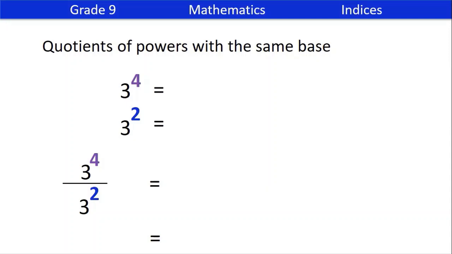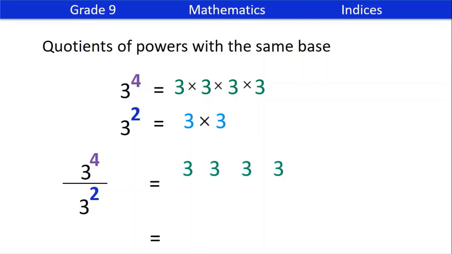Now let's try out a new concept in the lesson: quotient of powers with the same base. Here we can see the first power is 3 to the power 4, and the second power is 3 to the power 2, and here we need to divide 3 to the power 4 by 3 to the power 2.